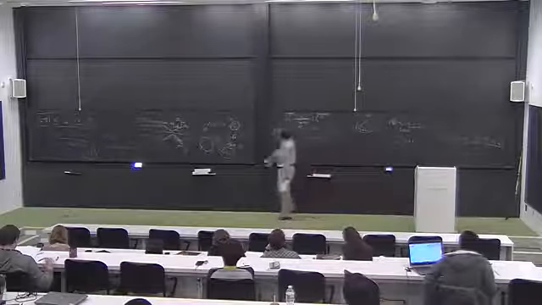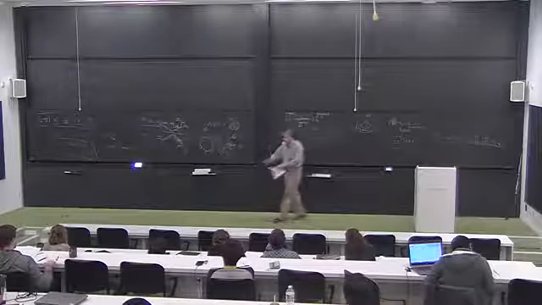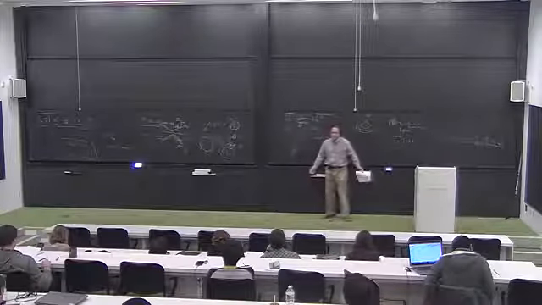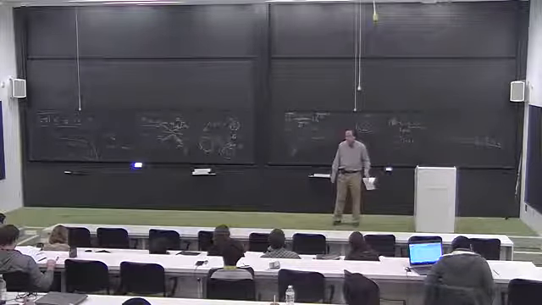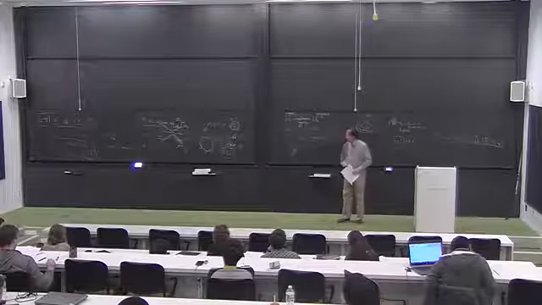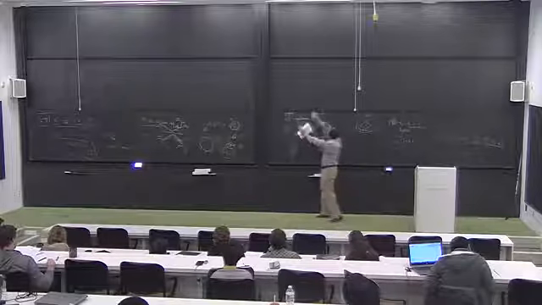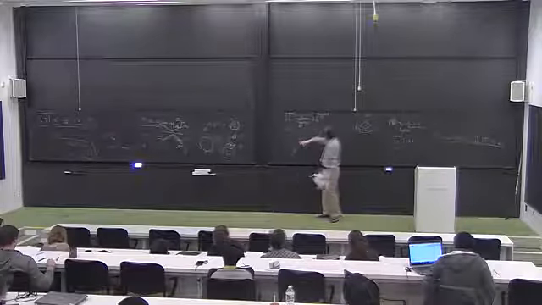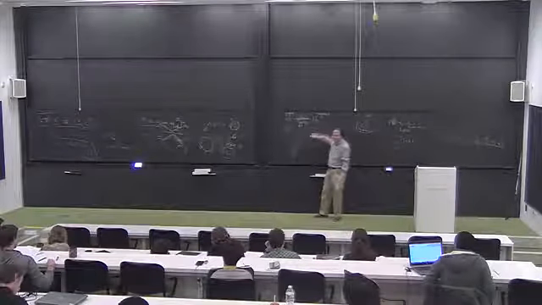And because we are using the Hall conductance to characterize it, we need the U1 symmetry. We need this particle number conservation. So therefore, what I said is not topological in the sense that if you add all kinds of perturbation without breaking U1 symmetry, then these two are different.